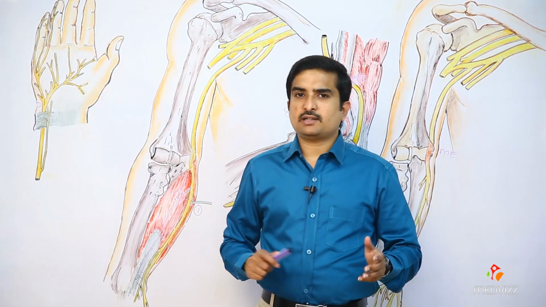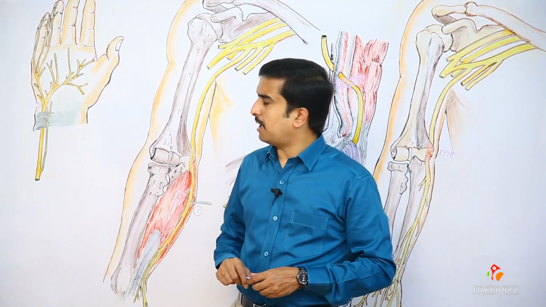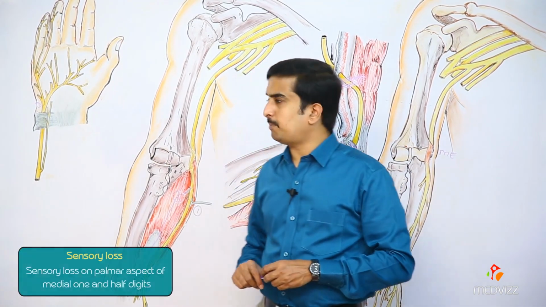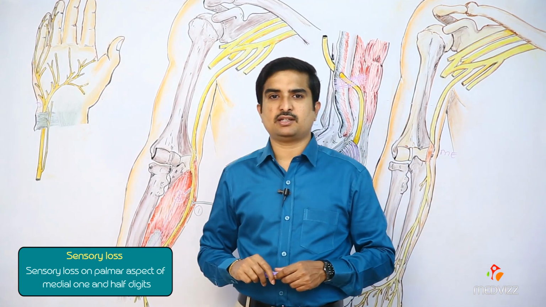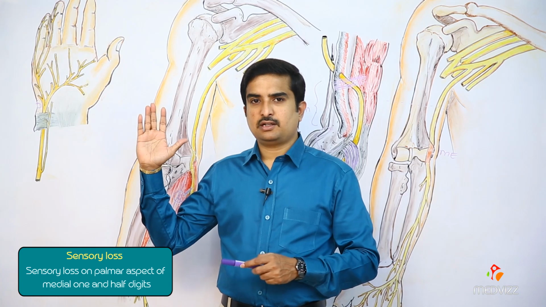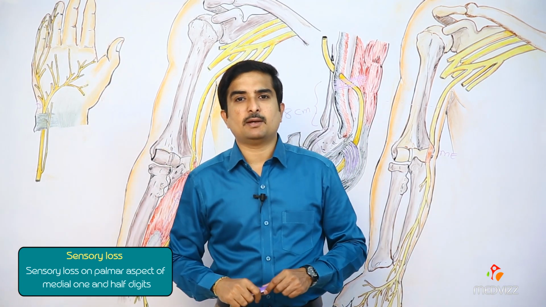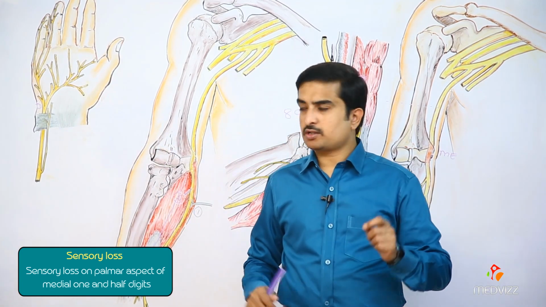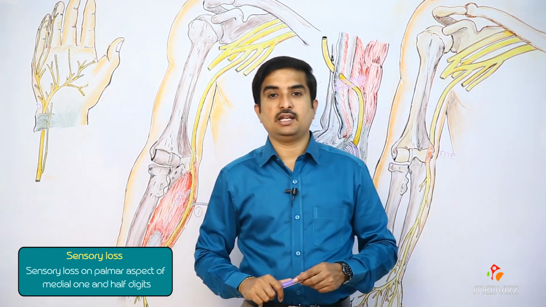Now, what is the sensory loss in the palmar aspect? Mainly you can see in this picture that the medial one and a half digits including nail beds and also the medial 1/3 of the palm, sensation is lost because it is innervated by the ulnar nerve.